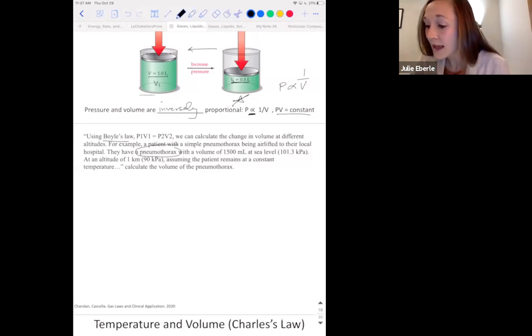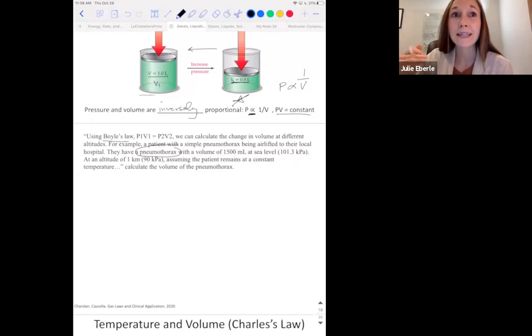So if you had to med flight someone, say they were in an accident and they needed to get to the hospital quickly, a lot of times they use helicopters, right? And if you are going to fly somebody, you're going to be changing their altitude. So you have air inside their body at a certain pressure, and then air outside the body at a different pressure. It's very important that volume and pressure are related, and as you increase one, you decrease the other.